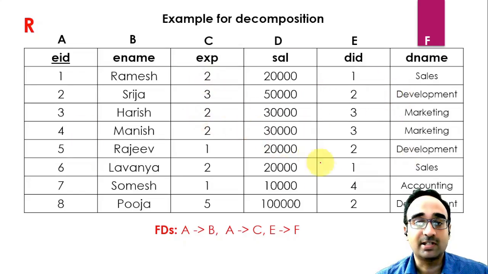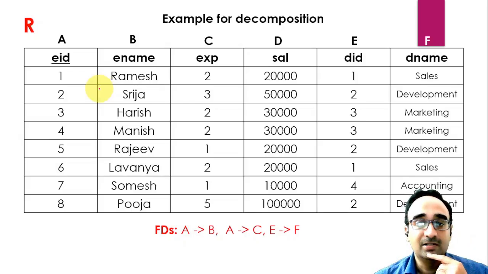Is this table in second normal form? Can you tell me by looking at the FDs? The answer is yes, it is in second normal form. What is the prime attribute in this table? Only one attribute is there, EID. Whenever the candidate key has only one attribute, the table is already in second normal form.